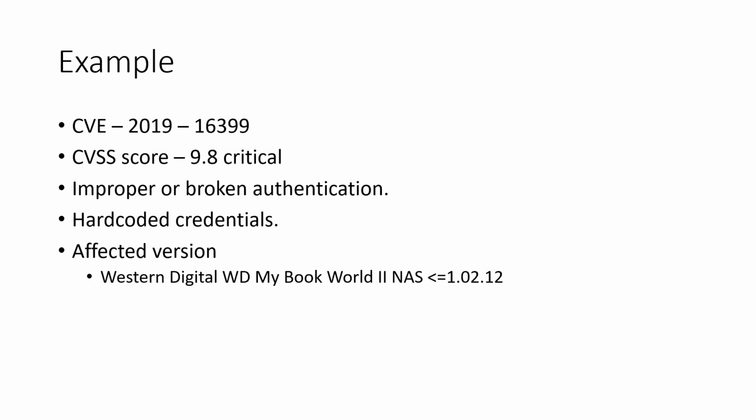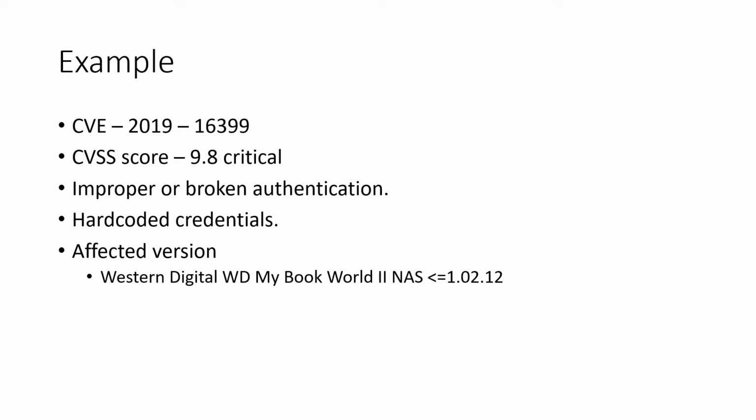Now, let us look at a real example of broken authentication. This was in Western Digital WD My Book, versions lower than 1.0.2. This suffered broken authentication, which led attackers to remote code execution. This particular bug has the highest impact on the application.